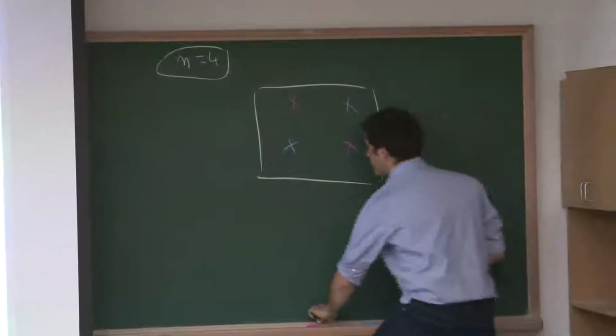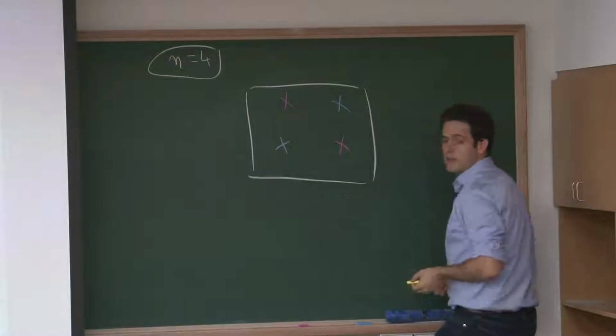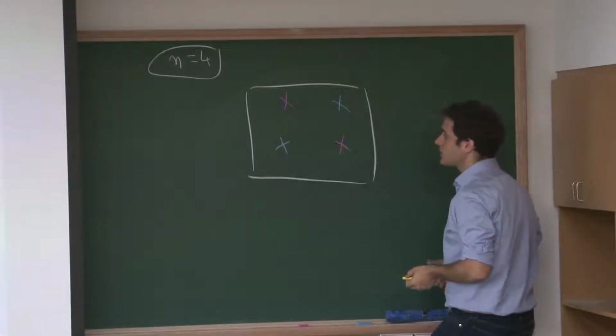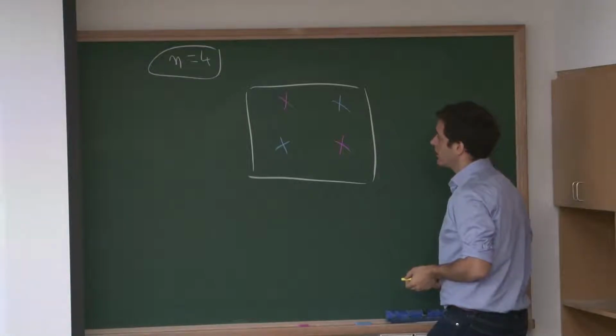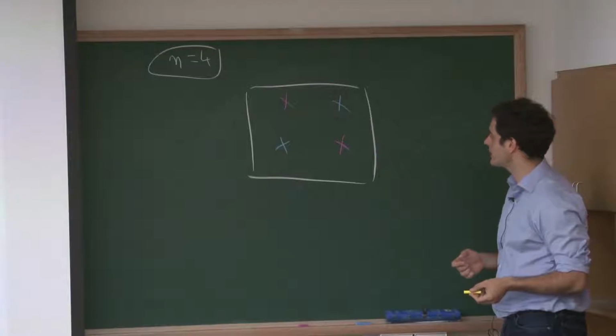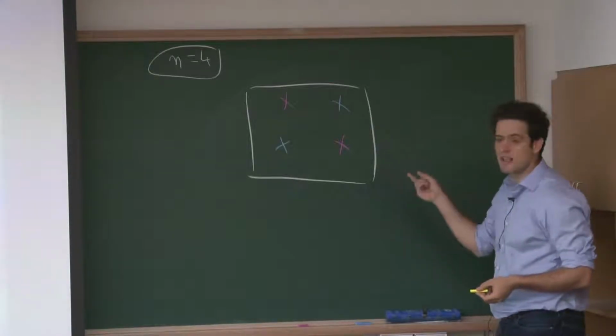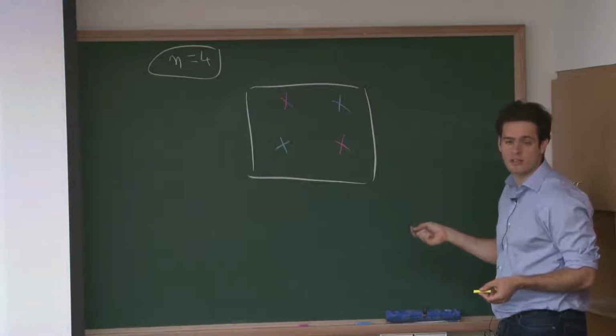If those two here need to be red, it means that they have to be on the same side of the hyperplane. And I briefly mentioned that two sets are linearly separable if their convex hulls do not intersect.